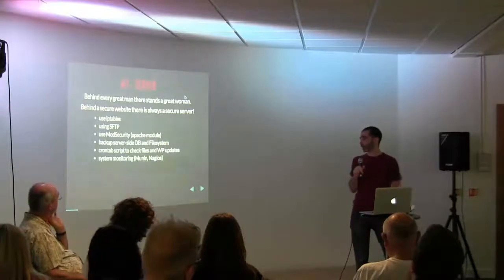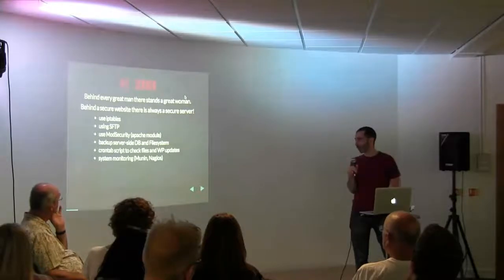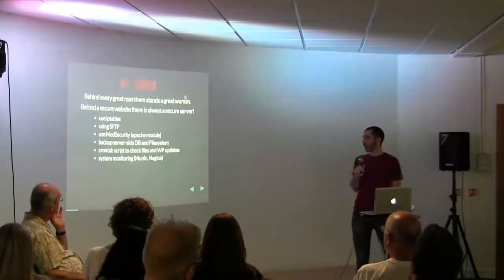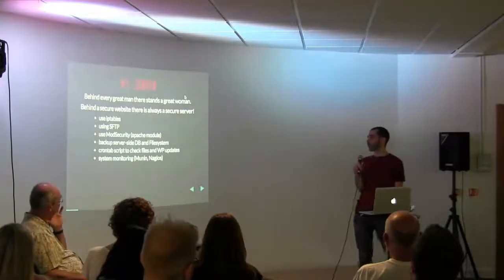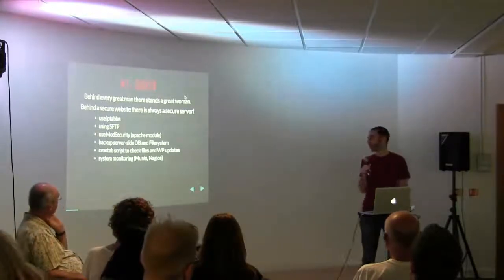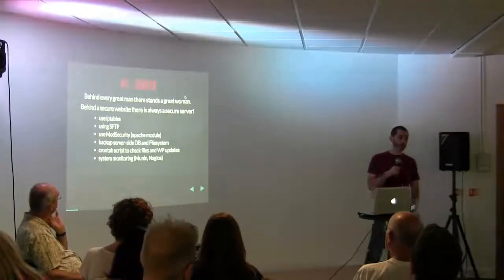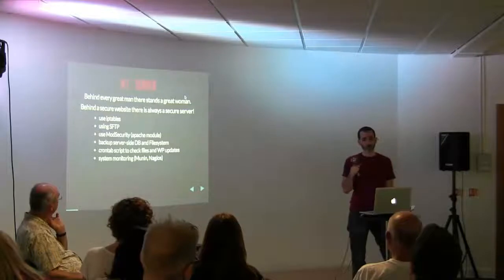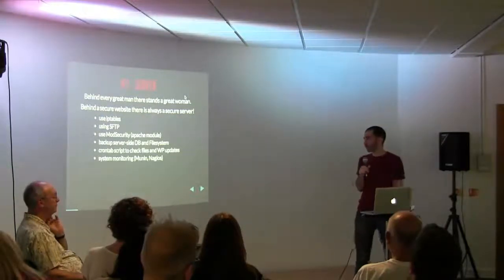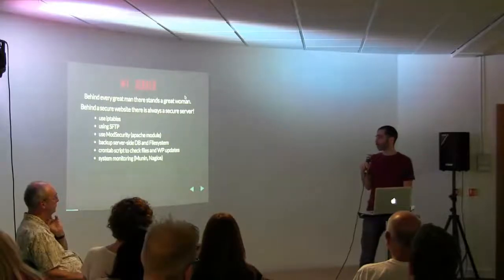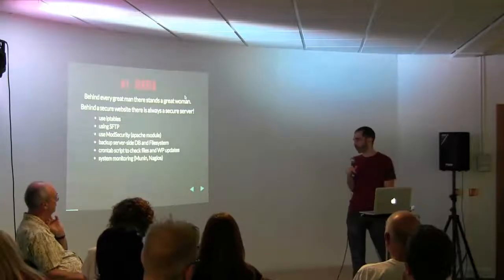Then Fail2ban scripts, I think I will ask to have another talk about it. Scripts are good because you can check your files on your file system and check for updates. So you don't have to go into every WordPress if you have more than one WordPress on your server, and you can easily receive mails with all this information if you need.